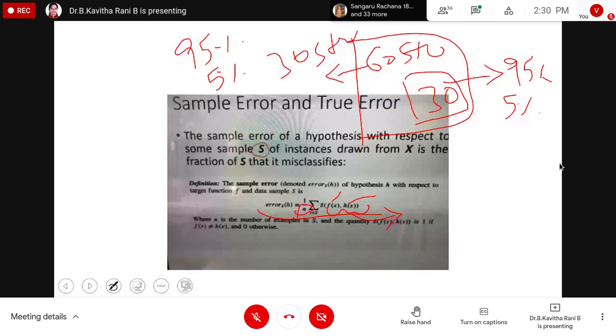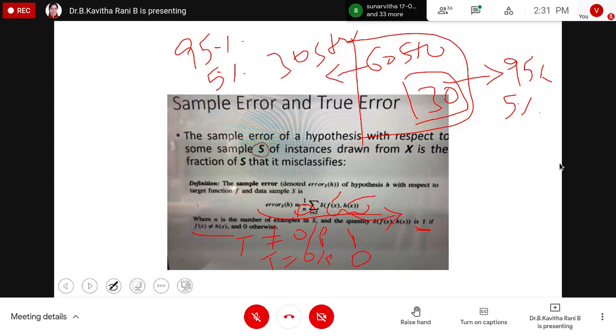So it means there is some error here. If f of x is not equal to h of x, then it is 1. If the target function is not equal to the output value, it is defined as 1. If the target function equals the output value, then it is 0.